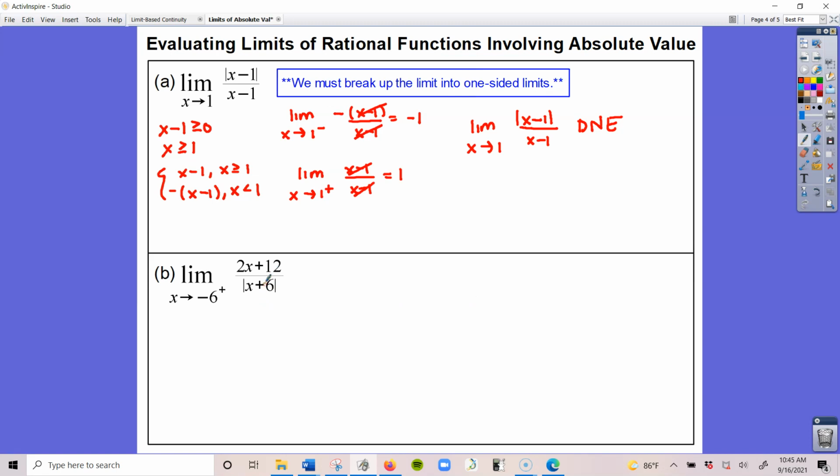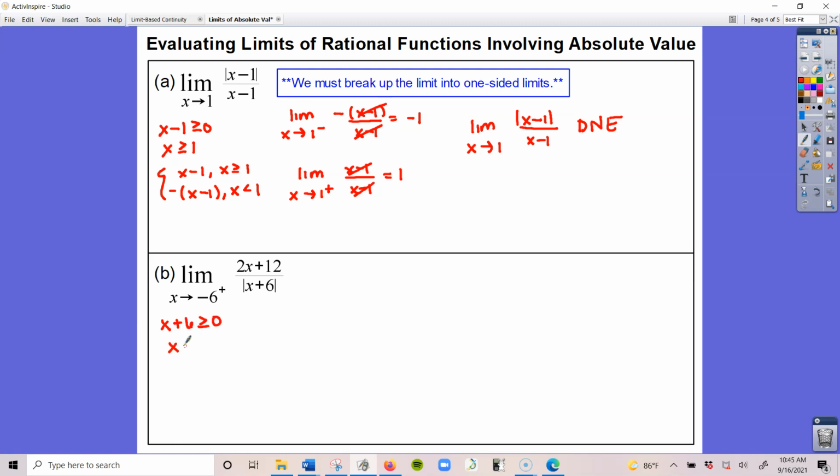Let's look at this next one here. Now this is a one-sided limit, so we will get an answer. We have the limit as x approaches negative 6 from the right of 2x plus 12 over the absolute value of x plus 6. So let's find the piecewise function for the absolute value. I'm going to set up my inequality.